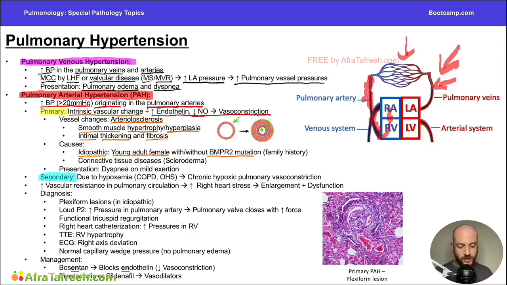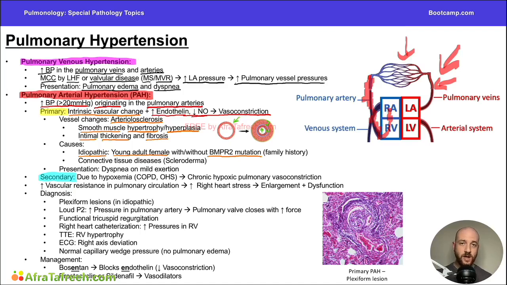mutation. BMPR2, which stands for bone morphogenetic protein receptor, when active, it usually keeps smooth muscle cell proliferation in check, especially in the pulmonary vasculature. However, when this gene is mutated, now smooth muscle cell proliferation, especially in the pulmonary vasculature, starts to go unchecked and it proliferates a little bit too much.